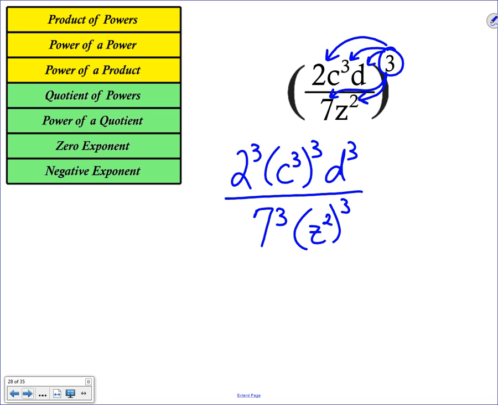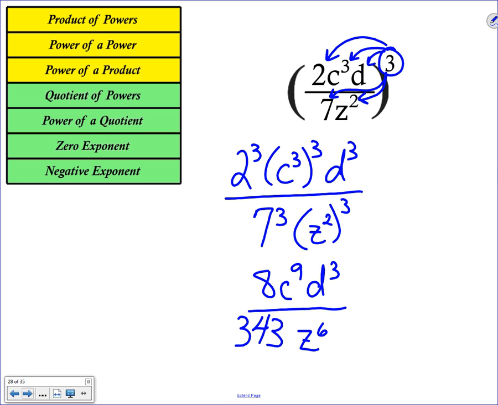And let's go ahead and simplify this. 2 cubed is 8. c cubed cubed is c to the 9th. d cubed we leave the same. 7 cubed is 343. And z squared cubed is z to the 6th power.